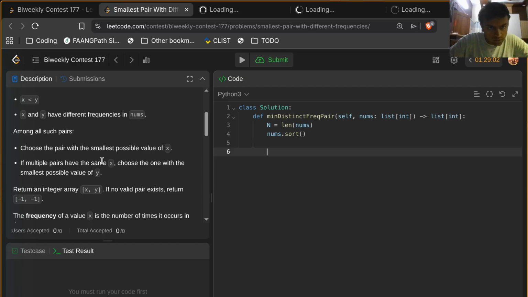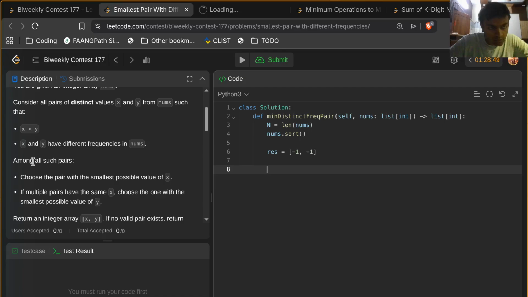Return an array [x, y]. Okay, result is equal to [-1, -1]. Choose a pair with the smallest possible value of x, where x and y have different frequencies. Okay, f is equal to counter of nums.